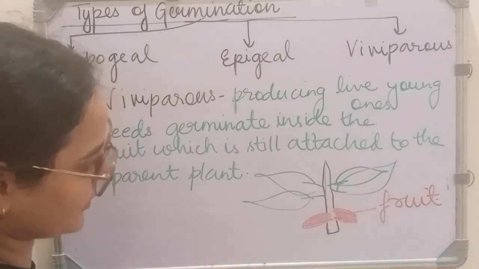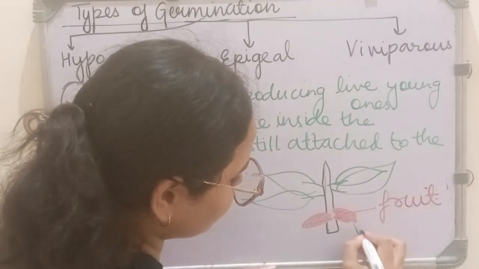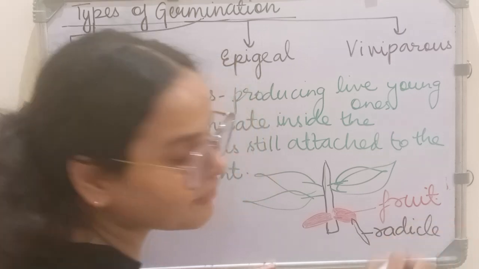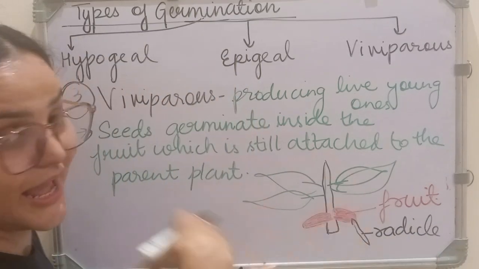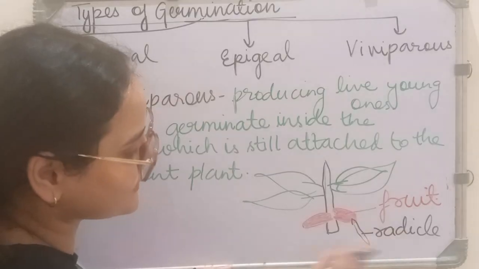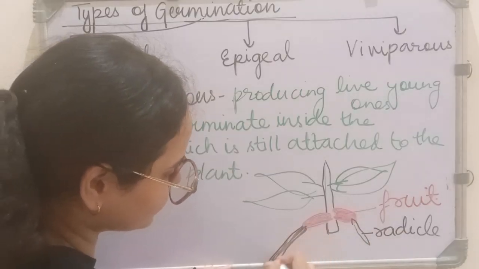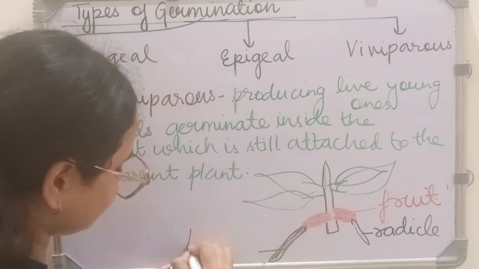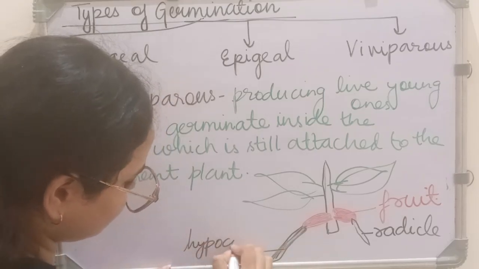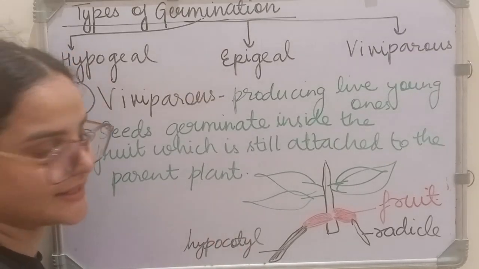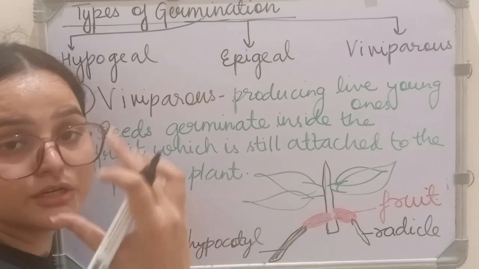So in this we are going to draw the radicle which has come out of the embryo. This is the radicle and this longer part is the hypocotyle. This radicle later forms the root.